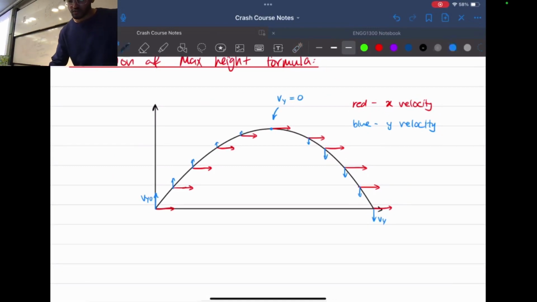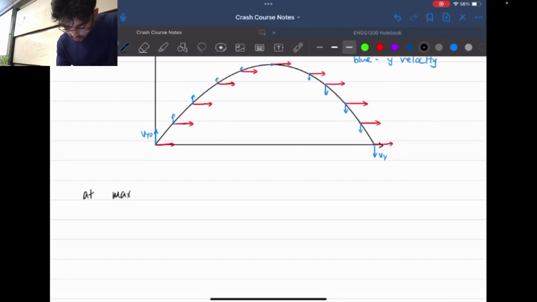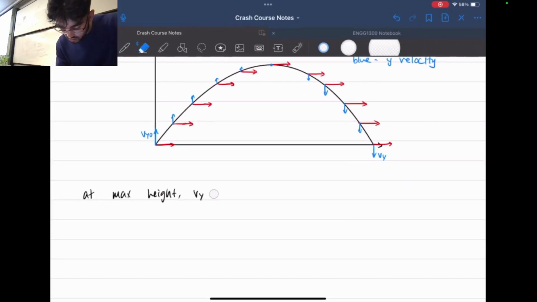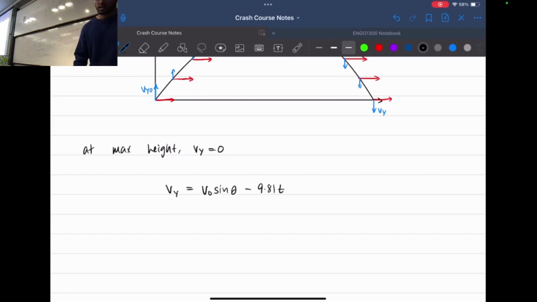So for the derivation, at max height, we know that Vy is equal to 0. And what's the formula for Vy again? Someone? Initial velocity sine theta. Yep. Minus 9.81 times t. Perfect.